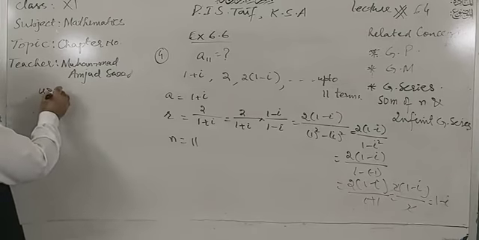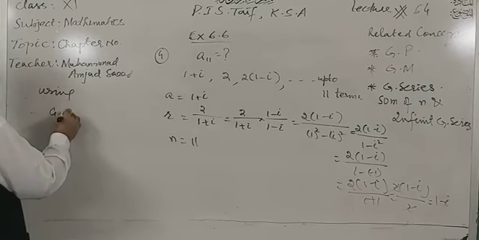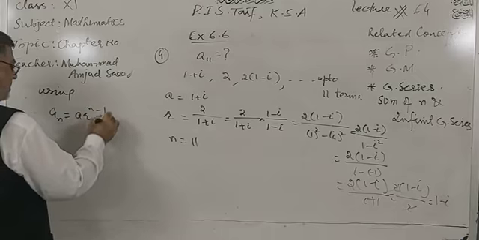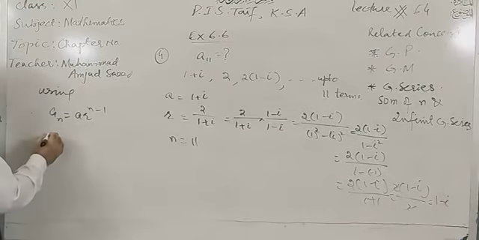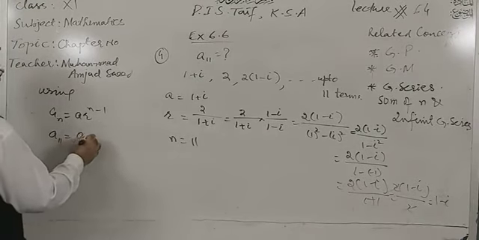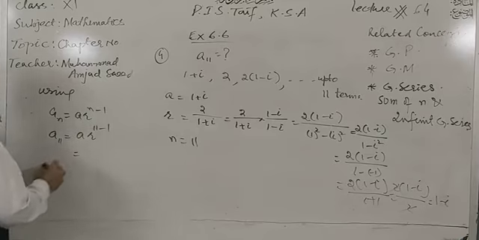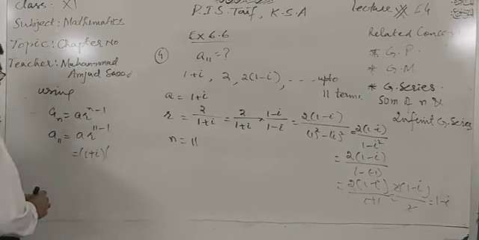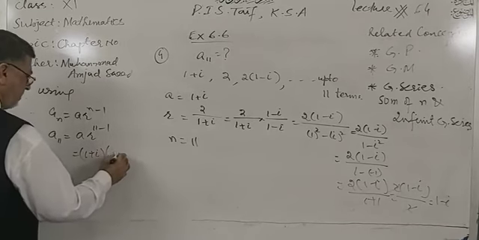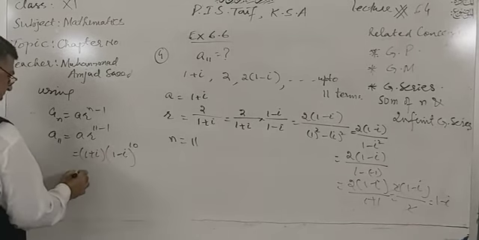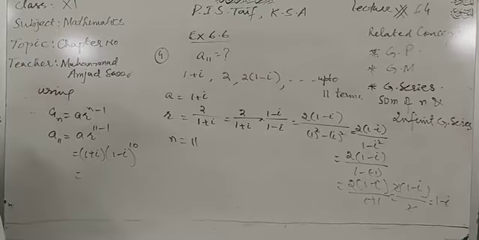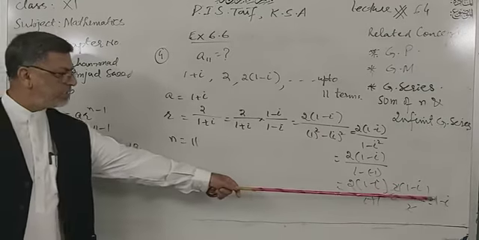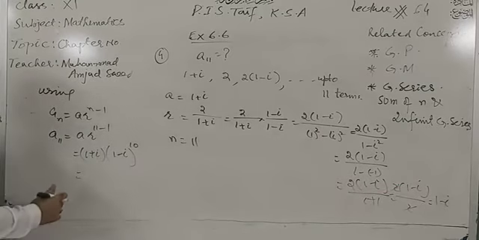Now using the formula a_n is equal to A R to the power n minus 1. So a11 is equal to A R to the power 11 minus 1. A is 1 plus iota. R is 1 minus iota, to the power 10.